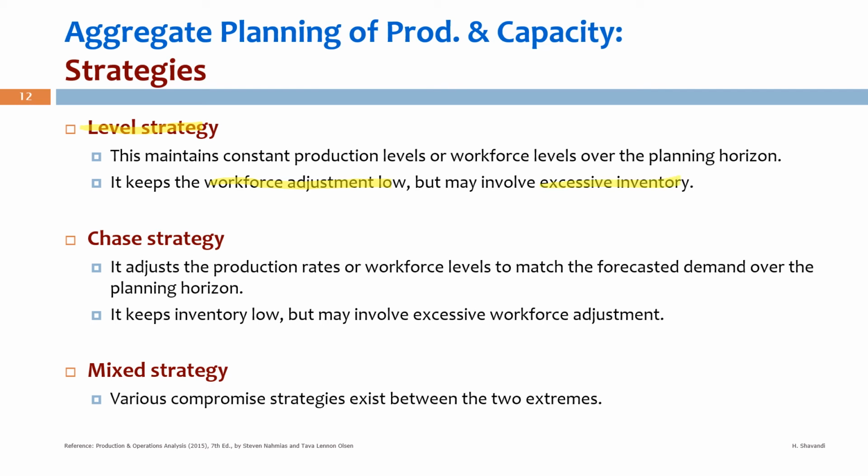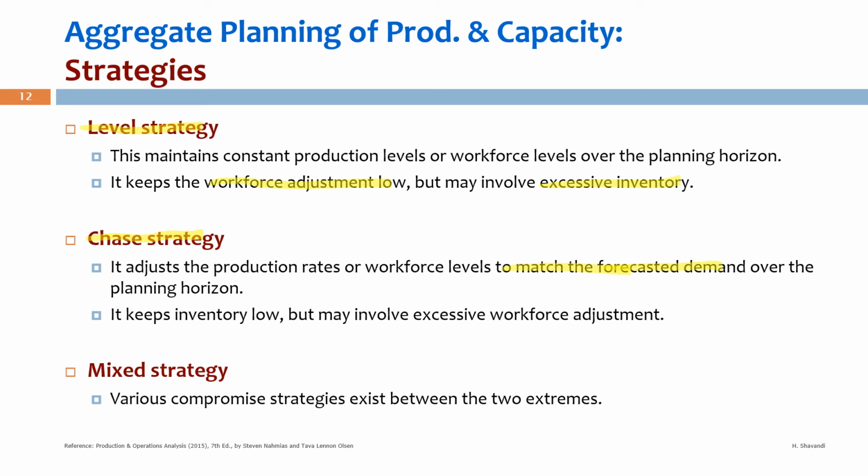The second one is the chase strategy. In the chase strategy, we are going to quickly respond and react to the changes in the demand. We are going to change the production rate and workforce level in order to match the forecasted demand over time. This is exactly on the opposite side of the level strategy.